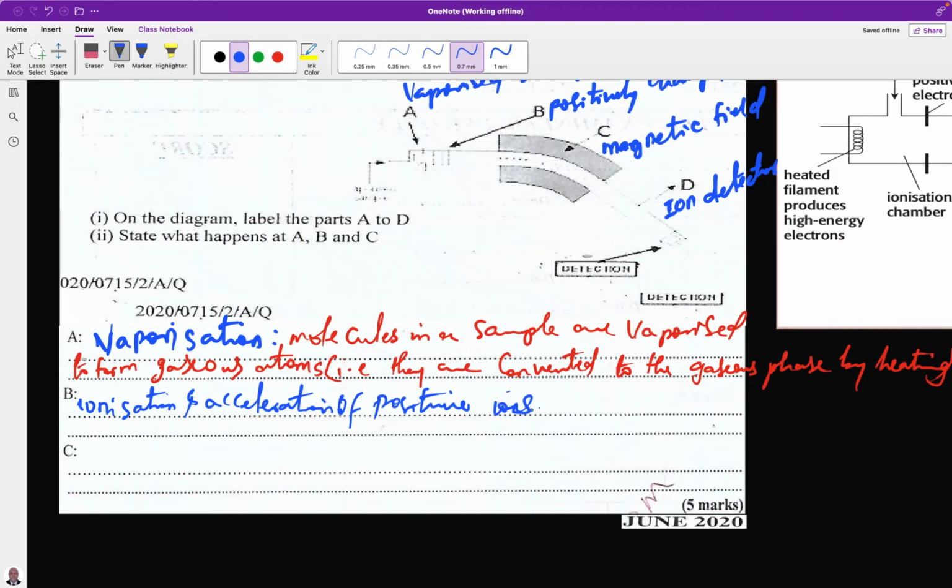Once more, gaseous atoms are converted to positive ions. The positive ions are then accelerated towards the negative plate, with lighter ions being accelerated most.